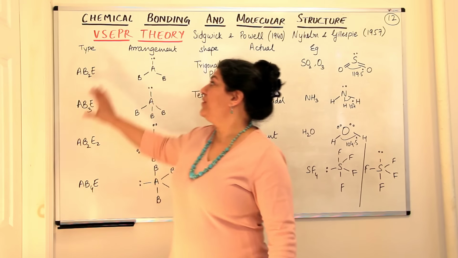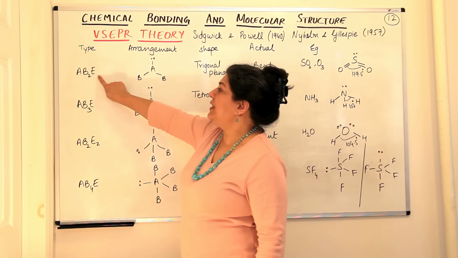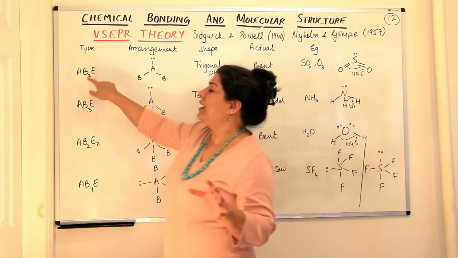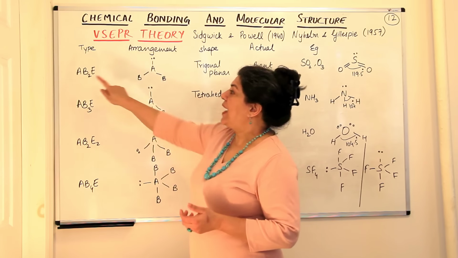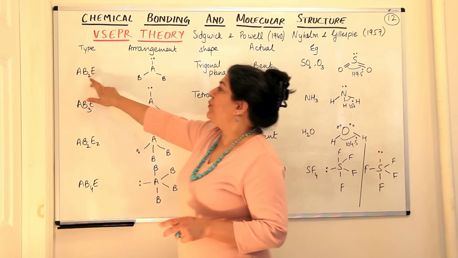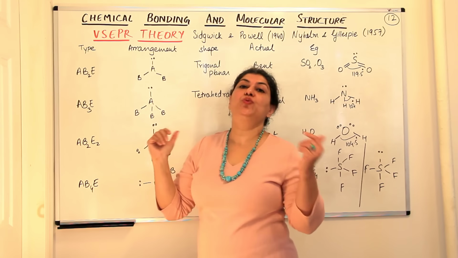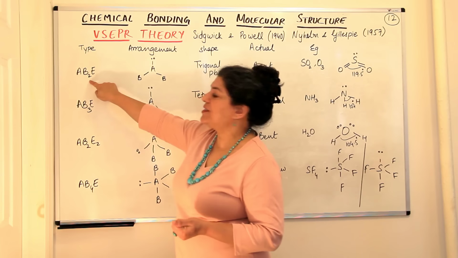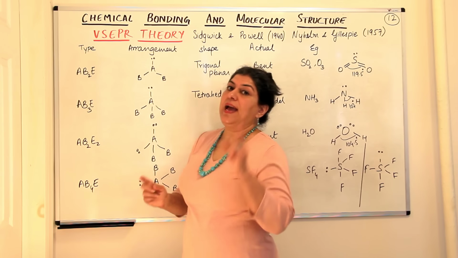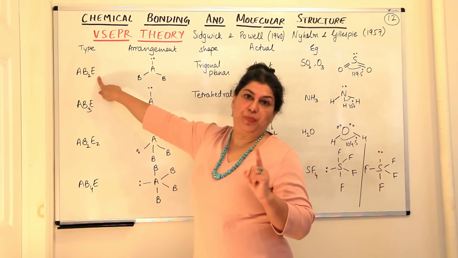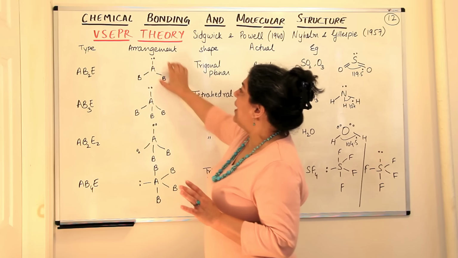So let us take our first example here. I have taken E as the lone pair and B as the surrounding atoms, and A is still the central atom. So we have a molecule of the type AB2E, which means that there are two atoms around the central atom A, and E means there is one lone pair. So you have this molecule.